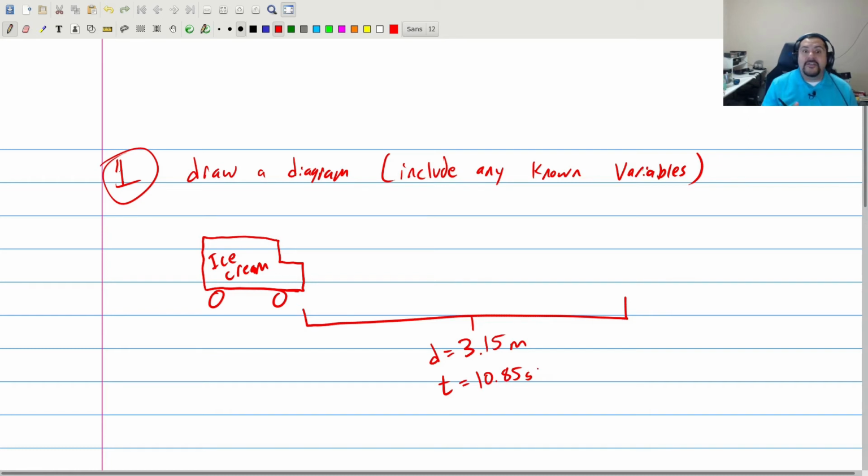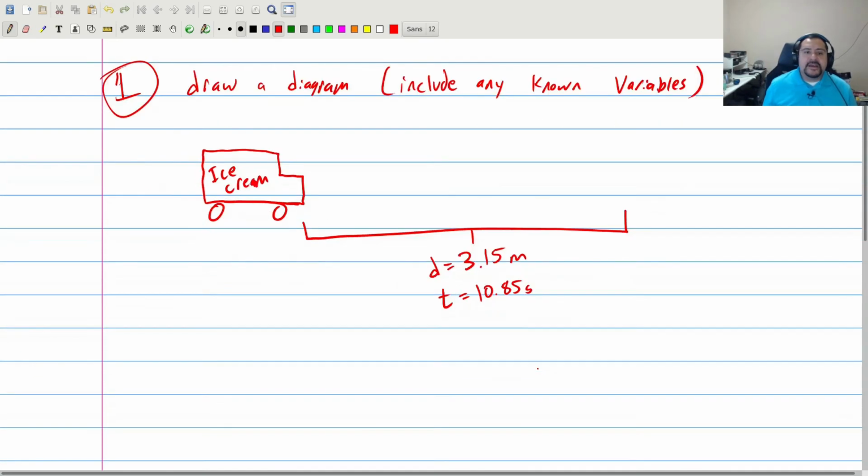So I have my diagram drawn now, and I have identified my known variables. The second thing that we're going to do is we are going to pick a formula. Now, at this point in the course, we don't know too many. In fact, we have exactly 2 formulas.